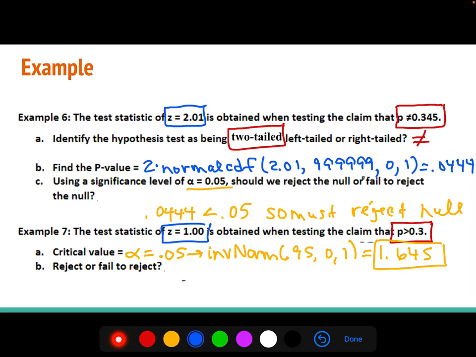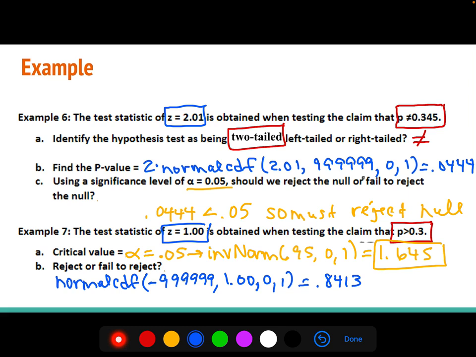And it says reject or fail to reject. Well, how do we figure that out? Well, it's a normal CDF because of the Z, and it's greater than, so we can find negative 9, 9, 9, 9, 9, and 9 to our 1.0, and from 0 and 1, and that'll tell us that our area is 0.8413.